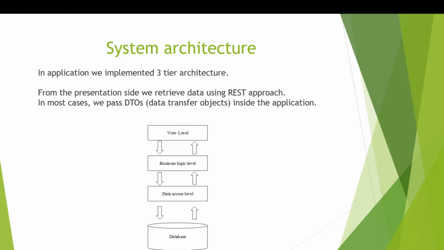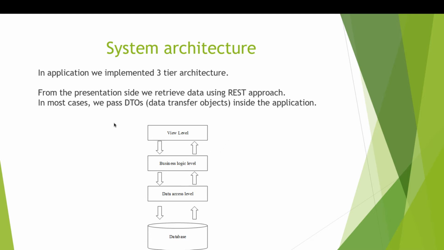A few words about system architecture. So we should mention that we use C# for developing the backend and JavaScript for front-end sites. Here we can see a three-tier architecture. The first level is the view level, the next one is the business logic level, and the last one is the data access level.